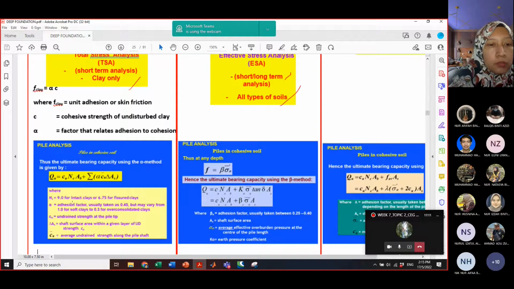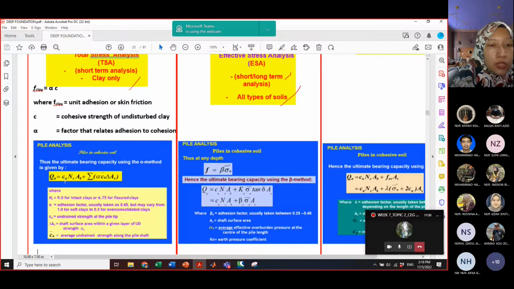Okay, for base capacity QB, the formula is CU and NC.